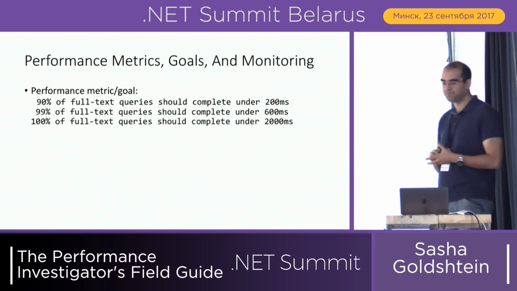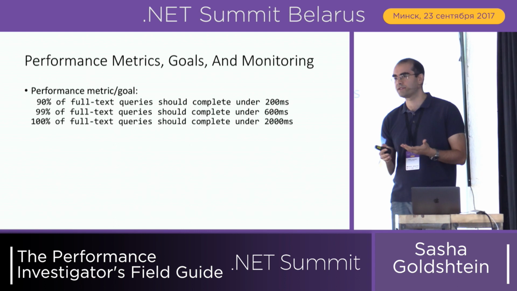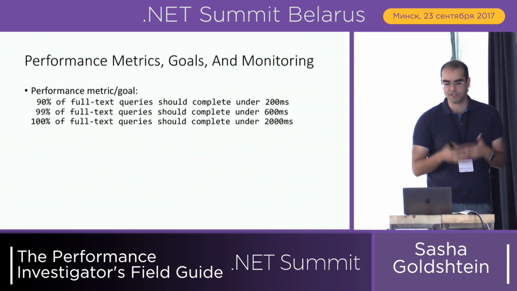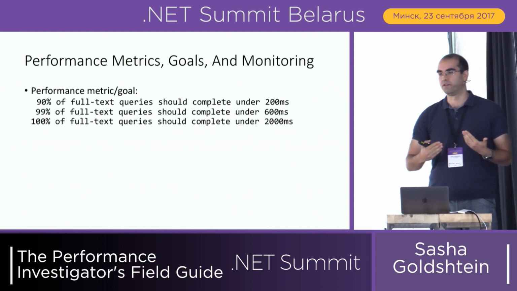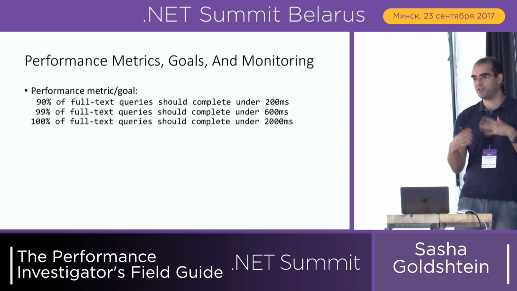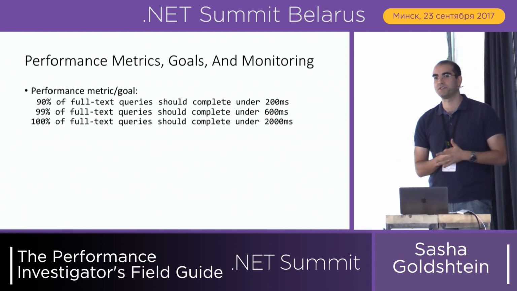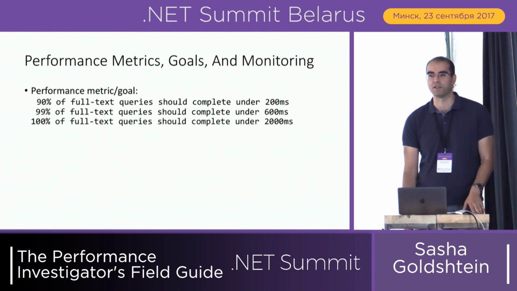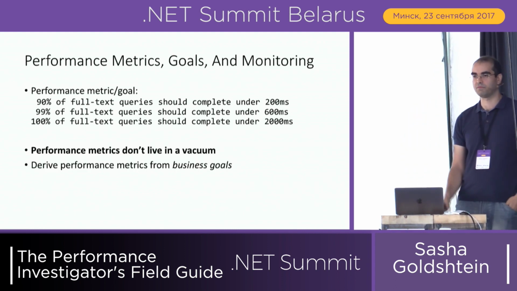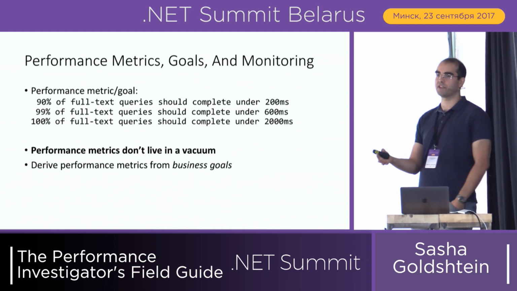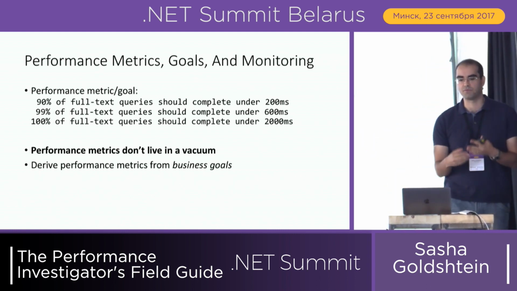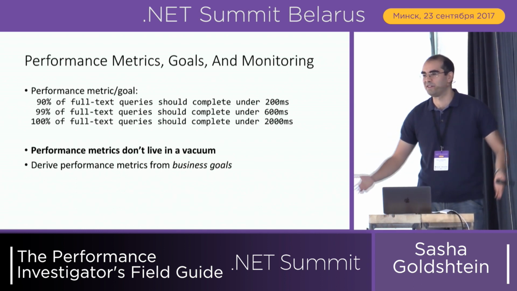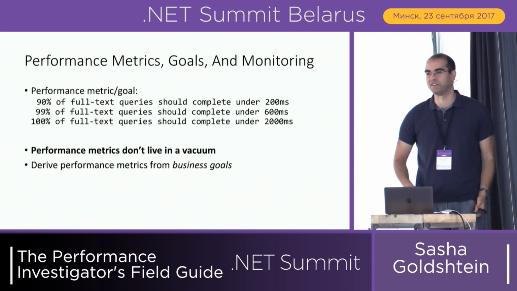And ideally, all these metrics that you have come up with are expressed somewhere, written down somewhere, and agreed upon by not just us developers and performance engineers, but by the business people as well. So they are derived from business metrics, from customer interactions, from what your marketing has promised customers you will deliver.